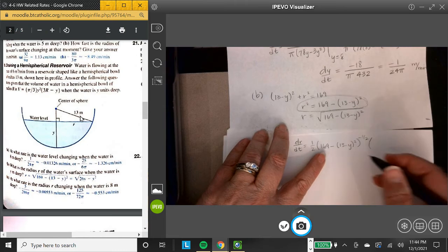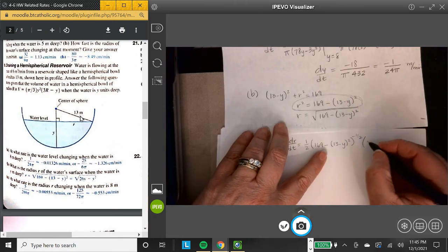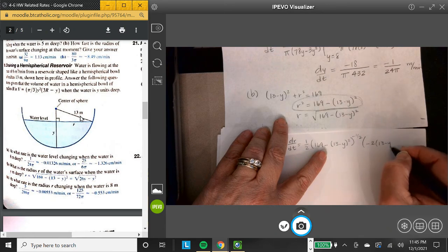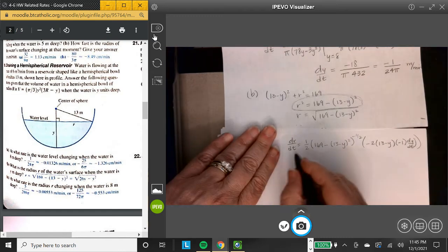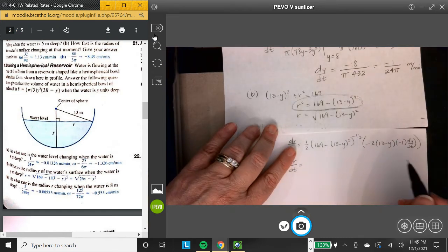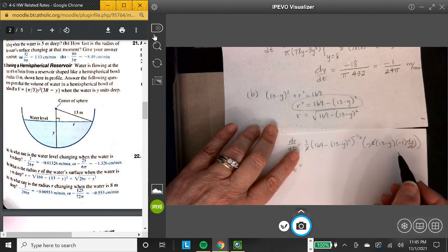The derivative of 169 is 0, minus 2(13 minus y), lower the power by 1, times negative 1, dy/dt. The 2s cancel, and the negatives cancel.